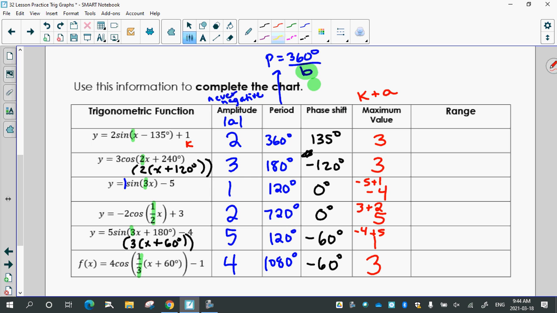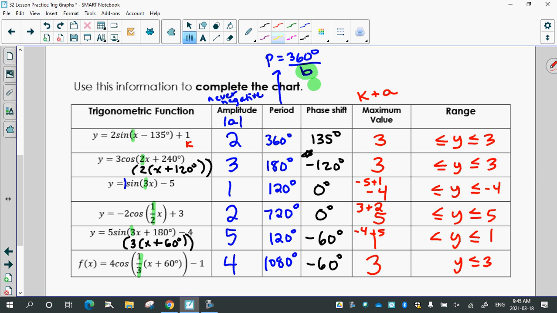And for the range, we know that we can do this part of it. These are our maximums. But we need to know all our minimums in order to complete it. And remember, our minimum is K minus A. And your range is always your minimum to your maximum.